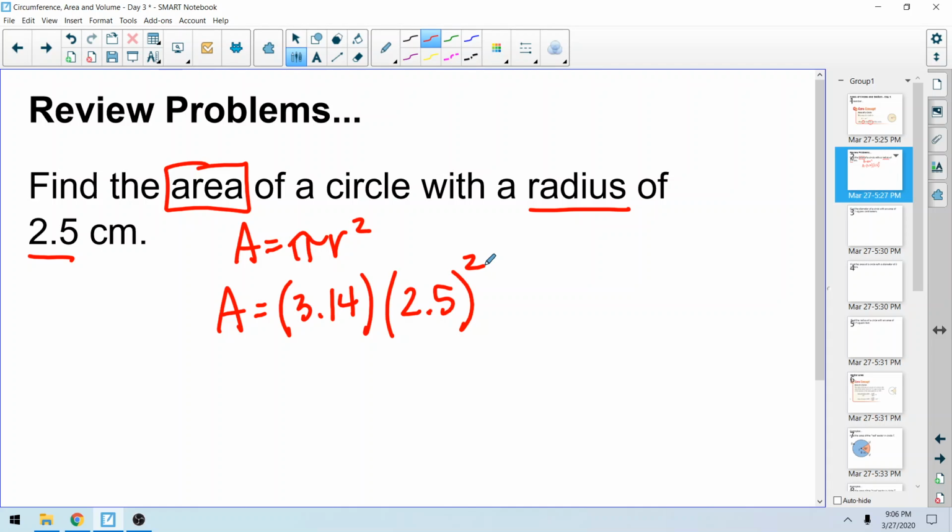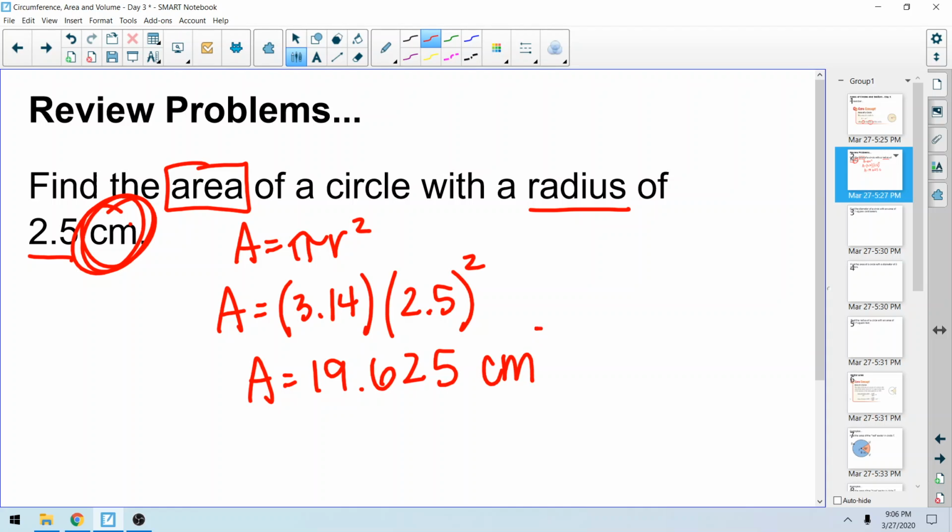If you have your phone or your calculator, we're just typing it in: 3.14 times 2.5 squared. So our area is going to be 19.625, and we are dealing with centimeters. So centimeters squared, because area is a squared unit.